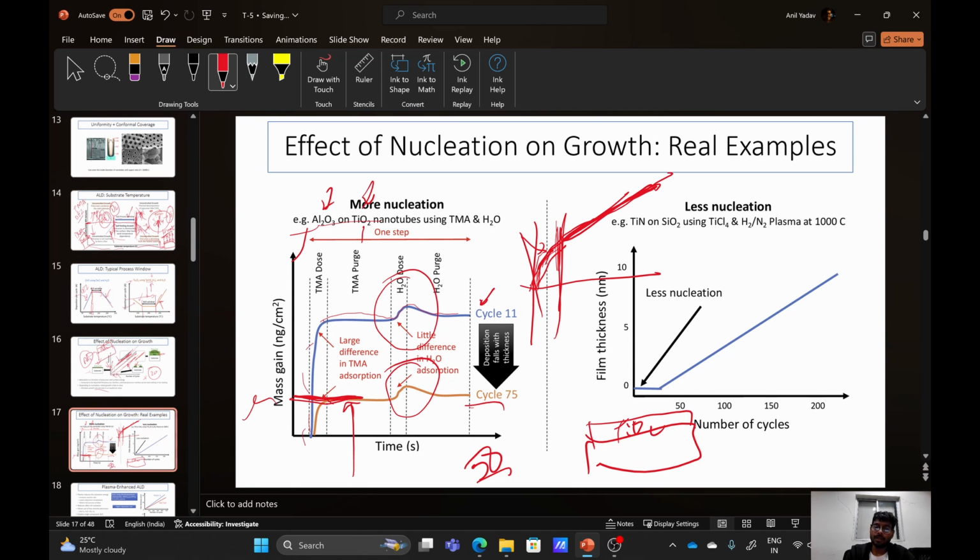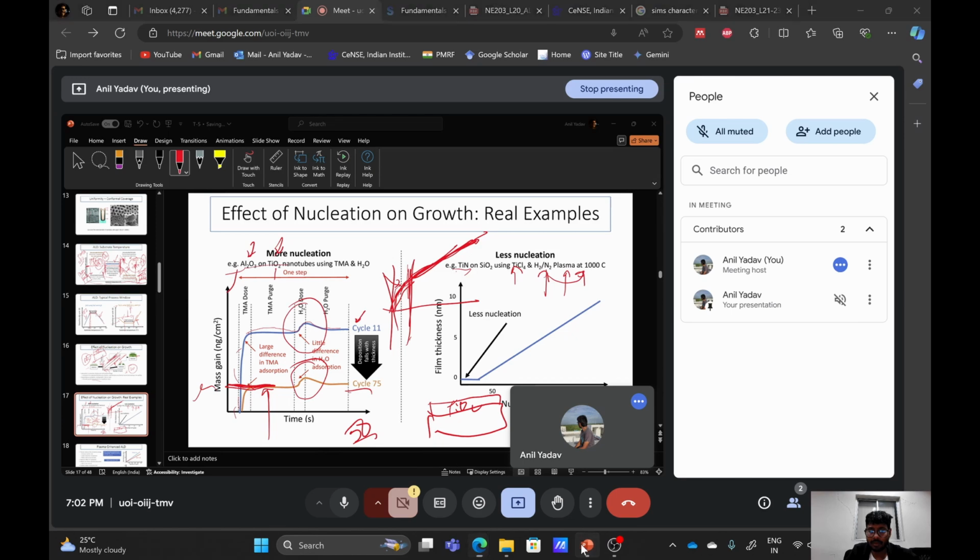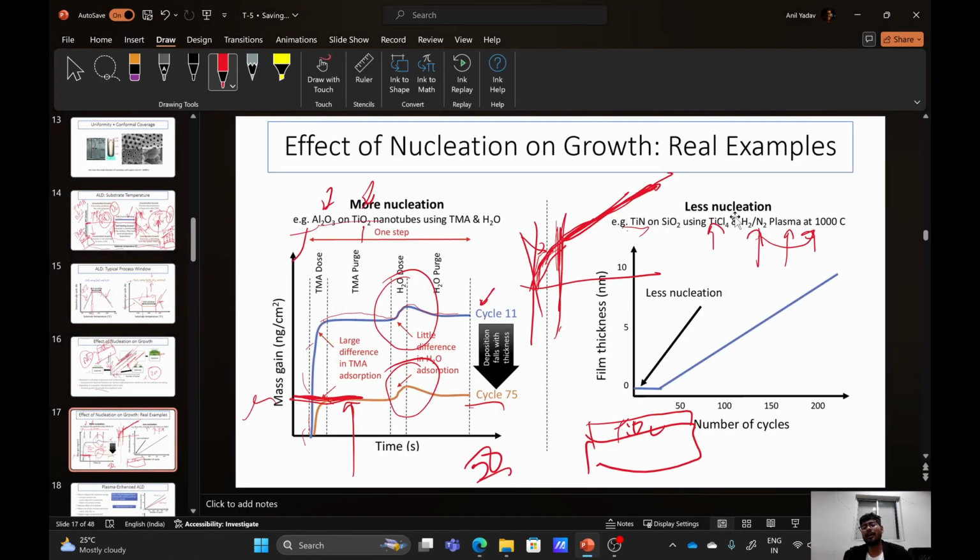Another example is titanium nitride on SiO2. This is TiCl4, a chloride precursor, with H2 or N2 given at a high temperature, and for plasma as well.